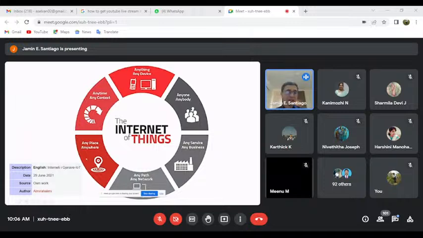And next here is any place, anywhere. This is one advantage of the Internet of Things, because even if we are far away from a device, the data can reach us. Even if we are in another country, another time zone, it can reach us as long as it is connected to the Internet or to a communication network.